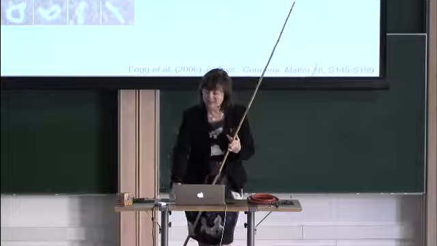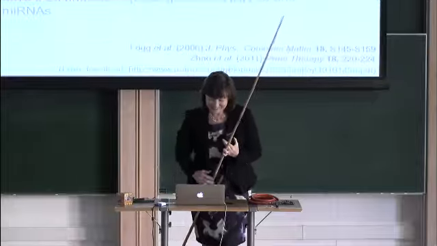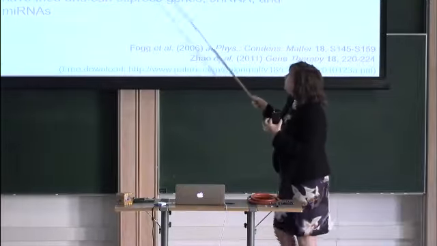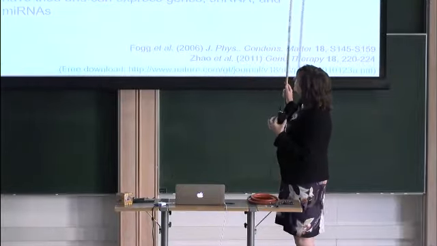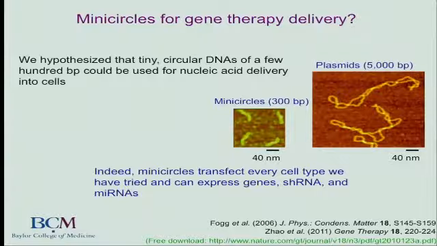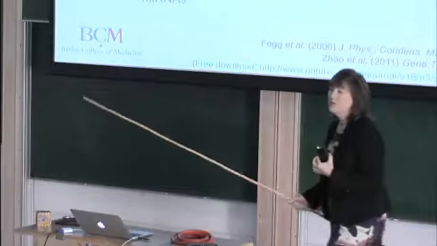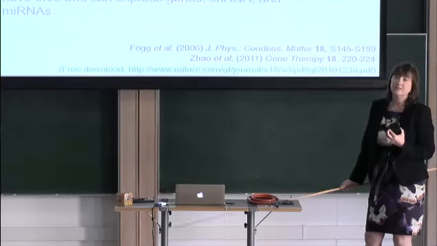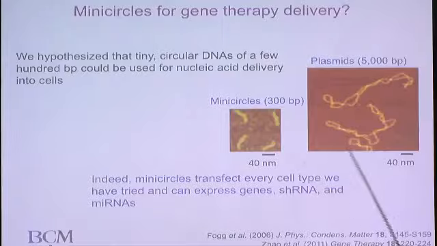That led to the biological hypothesis that these tiny circular DNAs of a few hundred base pairs might be the vector to use to get into cells, because that's a really big challenge. We don't have time to go into all the challenges, but most of them have to do with the same reasons that you couldn't get a lot of information by using really big, undefined plasmids to measure behaviors of DNA on the length scales I'm interested in.